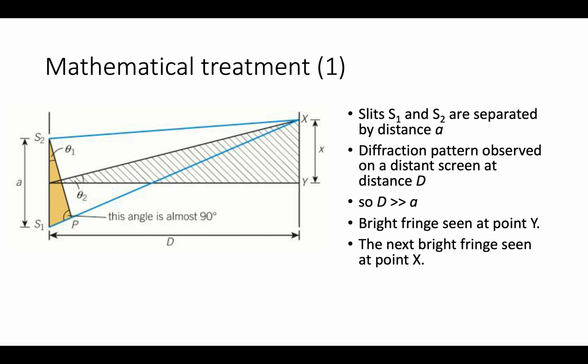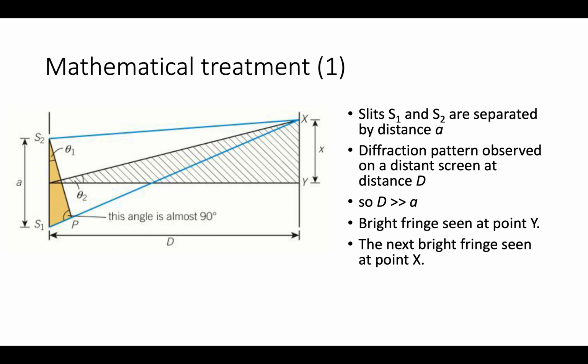Now the distance of the screen, it's important that that is very large compared to A. If the distance between S1 and S2, A, is say a millimetre, and you've got the screen a metre away, that's 1,000 millimetres, that's much bigger than A, but it's important that that distance is really large. So this diagram is very much not to scale.